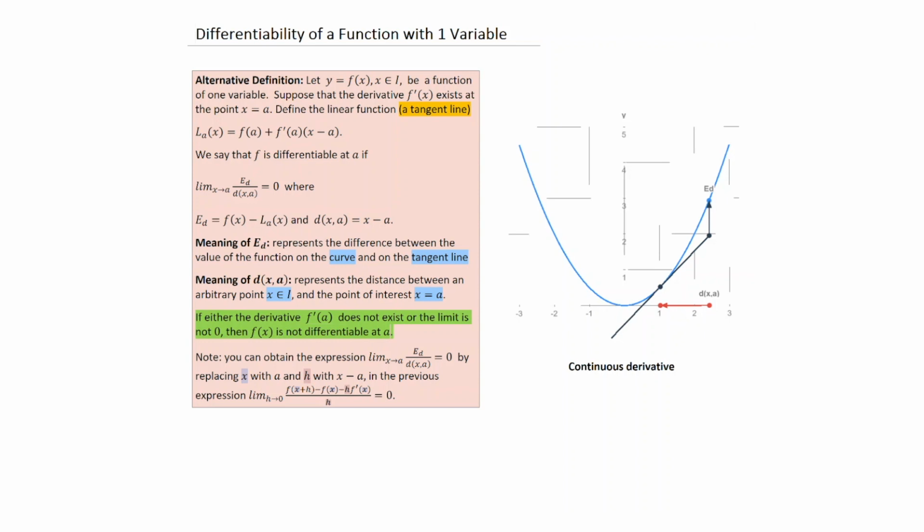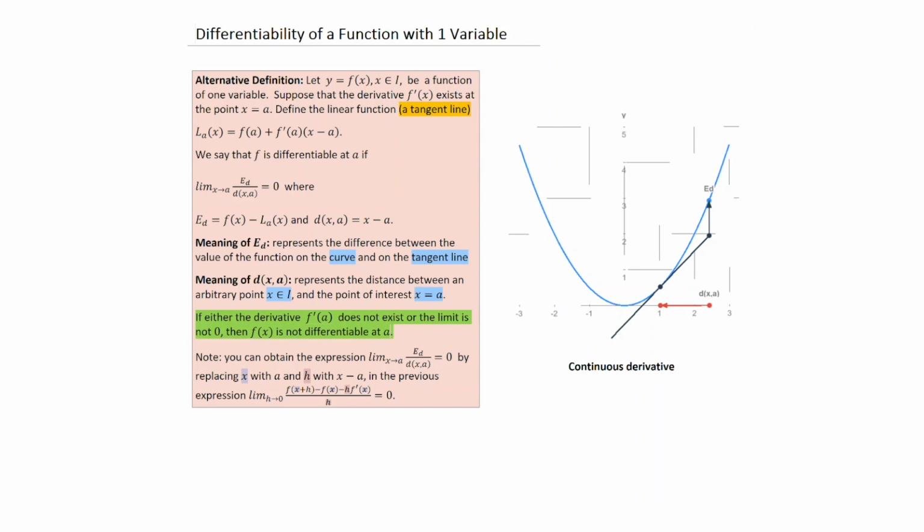Now we define the linear function, which is actually a tangent line: f of a plus f prime a times x minus a. This is more or less the Taylor series expansion of the function where we only retain the first two terms, one involving the function evaluated at a and the other involving the first derivative evaluated at a times x minus a.